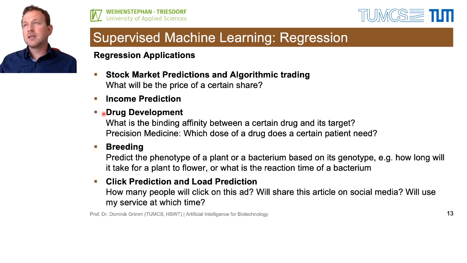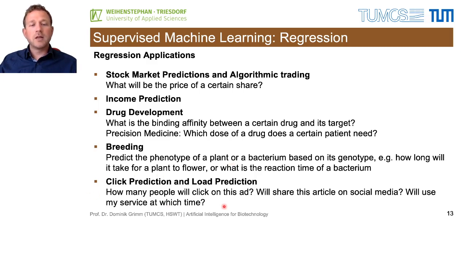This can be predicted. This is a regression task. Or in breeding, either in plant breeding or when we work with bacteria, we would like to predict the phenotype of a plant or a bacterium based on its genotype. For example, how long will it take for a plant to flower, or what is the reaction time of a certain bacteria?